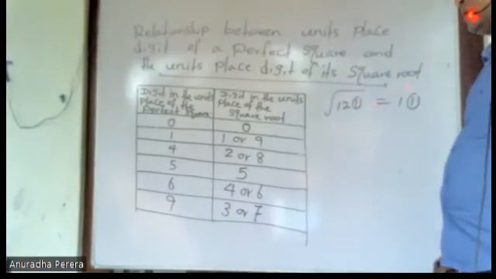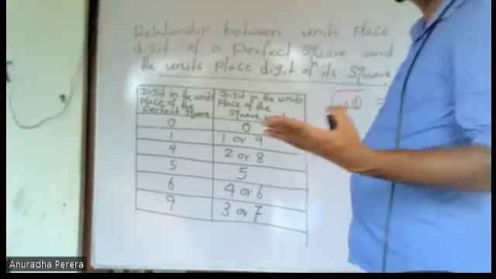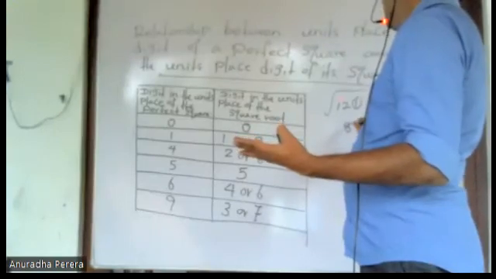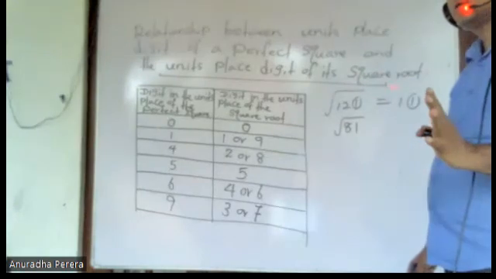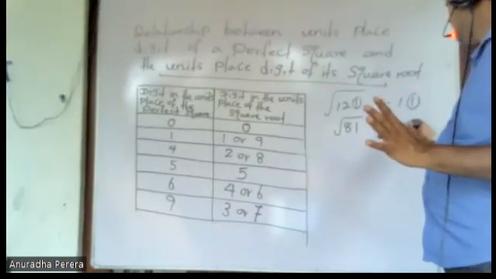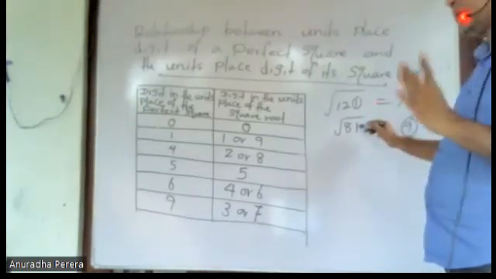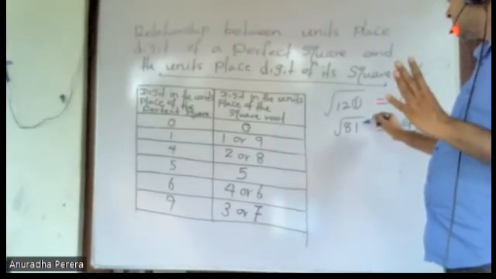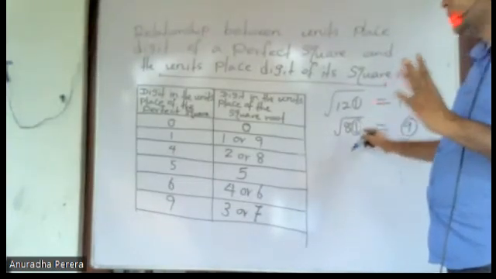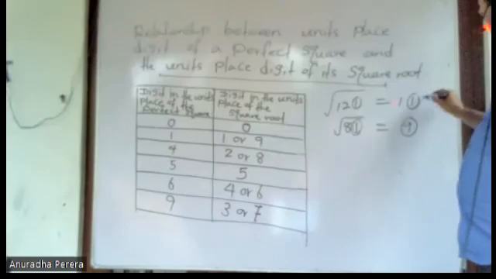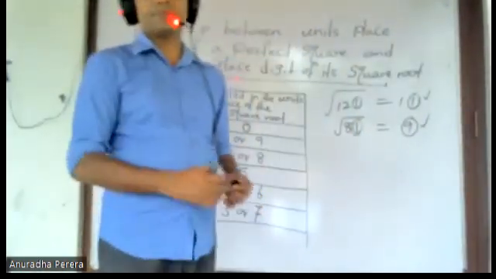Right? If we take another, 81, what is the square root of 81? 9. The unit place of the square root of 81 is 9. When the unit place of the perfect square is 1, the unit place of the square root is 1 or 9. Did you understand, children? Yes, sir.